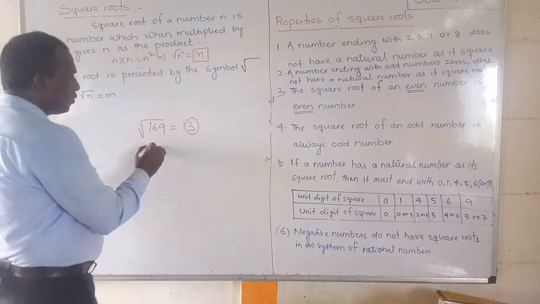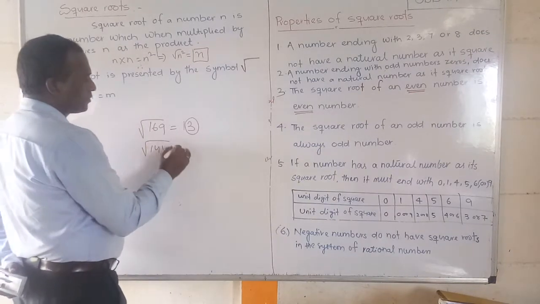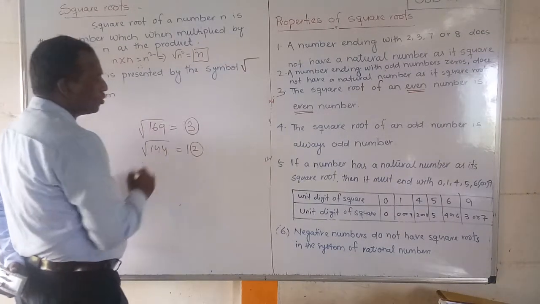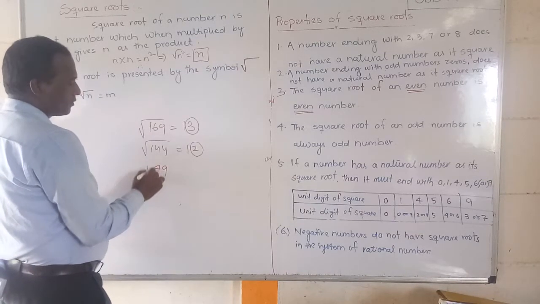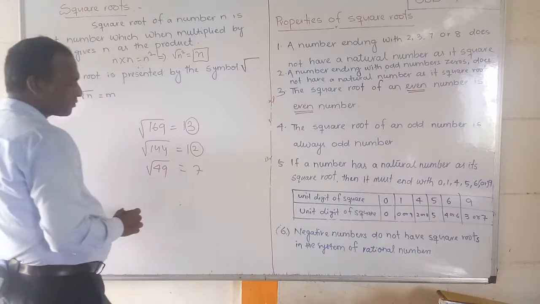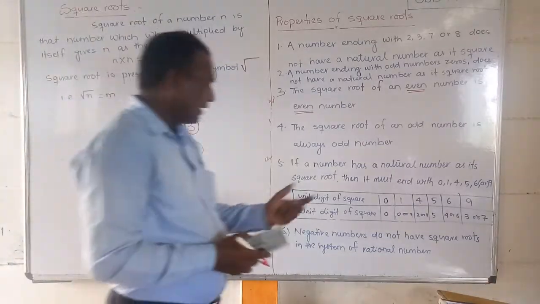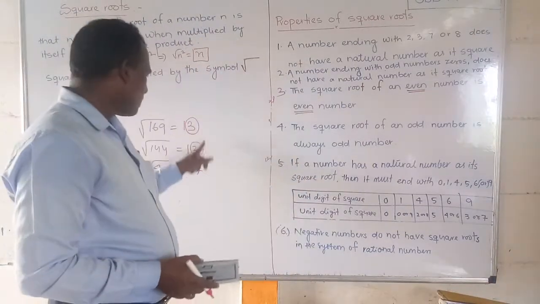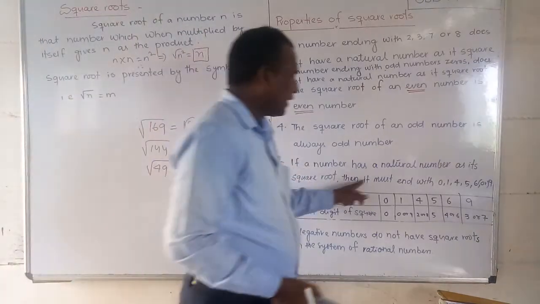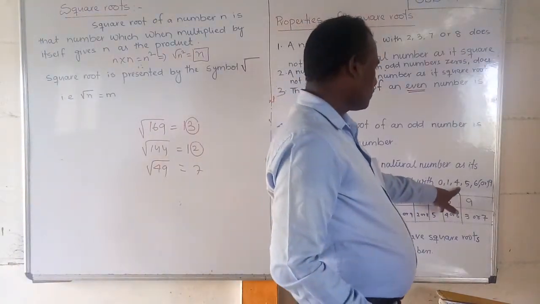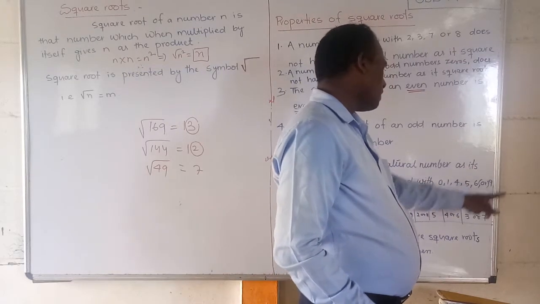If we do 144, the root is 12, ending with 2. Suppose we say 49, the root is 7. So they are telling us that if a number is a perfect square, then it ends with 0, 1, 4, 5, 6 or 9.